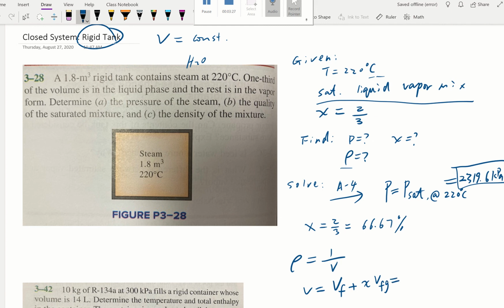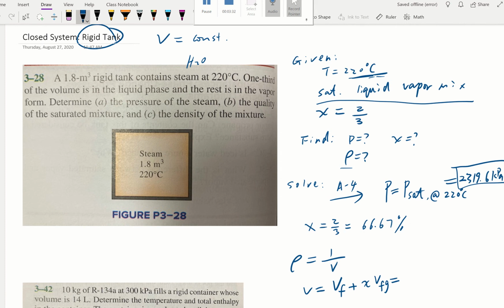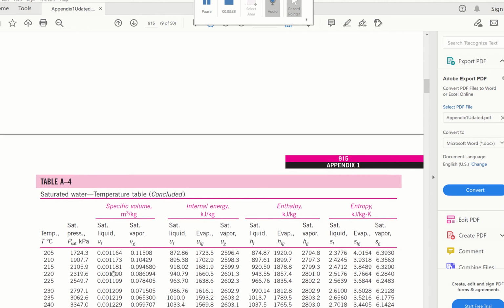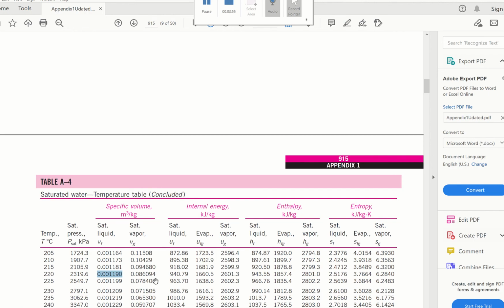Do we know vf? We go to the same table, A4, since we know 220, and find vf. It's this value, 0.00119. The quality is 2/3, and we multiply by vfg, which is vg minus vf.